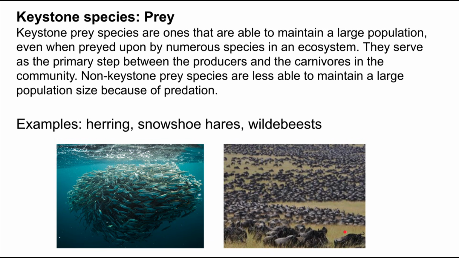The idea is their population is so large that they maintain control over the amount of growth in the productivity in the area, and they are a reservoir of food for so many species in the area. Non-keystone prey items, if they get eaten or go away, it doesn't really change the ecosystem. But you take these away or these away, and their ecosystems are deeply impacted.